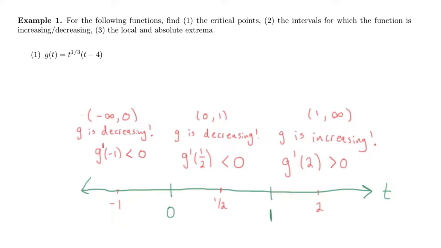So like I said, all we need for part 3 is really this table, or this number line right here. And what I'm going to do is draw an extremely rough sketch of the graph. So I know that the function is decreasing until 0. So it's decreasing, then the derivative becomes 0.